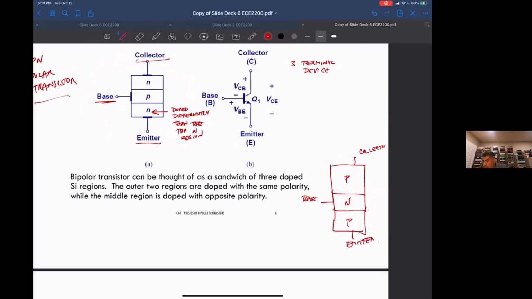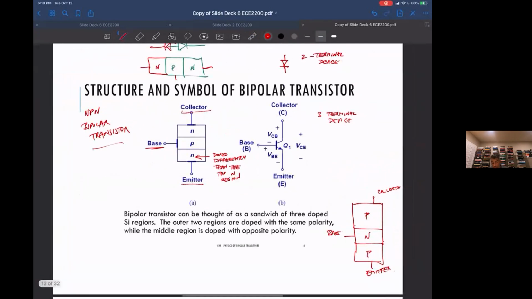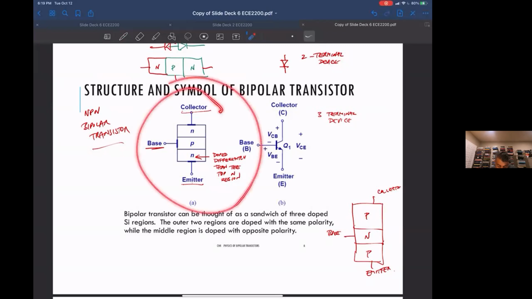In lots of ways, it works exactly the opposite of an NPN, and in a lot of circuits they tend to complement each other. But most of the bipolar transistors you see are NPN, so we're going to work through that. Once we have a good understanding of it, we'll talk a little bit about the PNP.